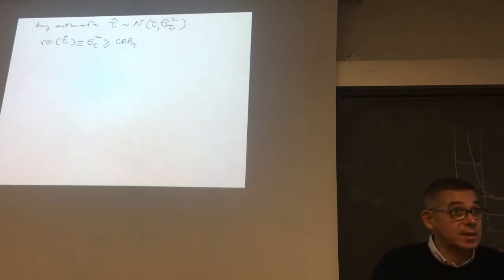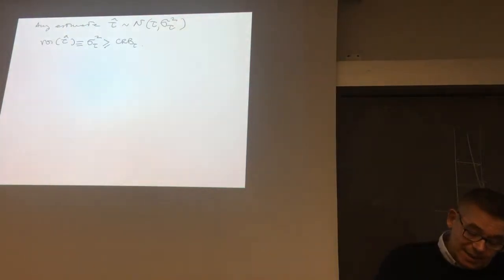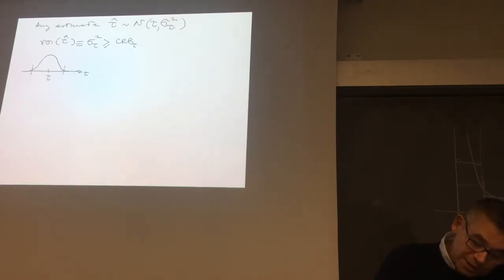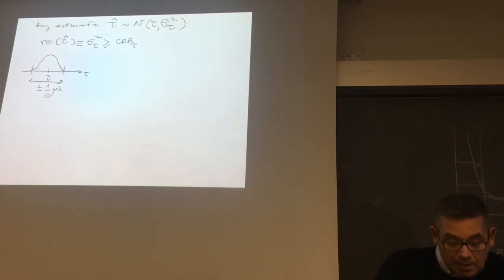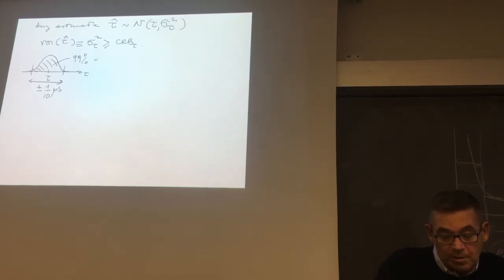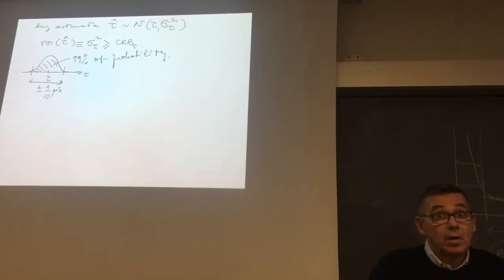This is one statement. But the text is telling me that I want every estimate to be contained within a certain interval, plus or minus 1/10 of a microsecond, with 99% probability.